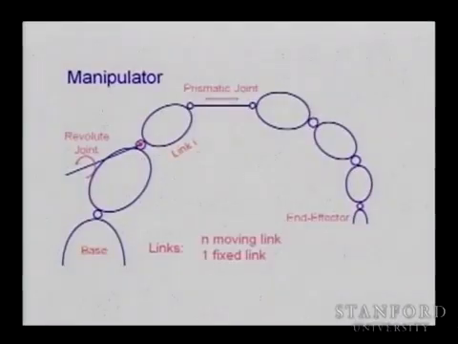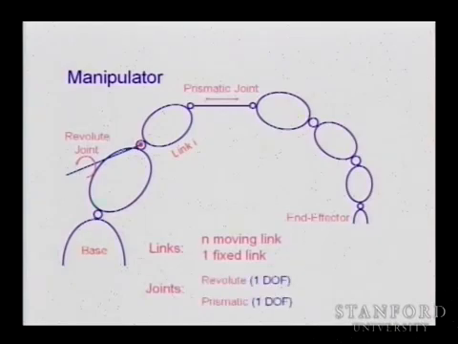So, as I said, we have links, and those links are in number of n. We're going to call n the number of moving links plus one base link, the fixed link. And we have joints of two types, revolute joints and prismatic joints. So the idea is we are going to work with 1 degree of freedom, and this is interesting because knowing that we have only 1 degree of freedom joints, then we will be able to connect these to the generalized coordinates, as we will see.